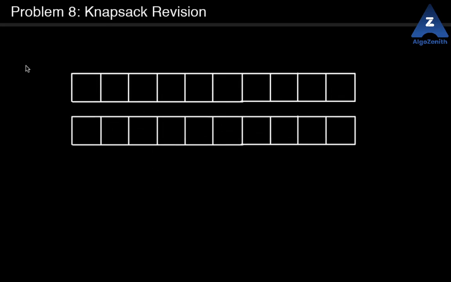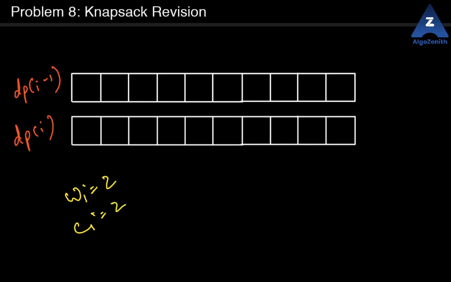Let's suppose this is the previous row, so this is dp of i minus 1 and all weights are there, and this is dp of i. Now let's say we are considering any of these cells, and let's say wi is equal to 2 and ci is also equal to 2.